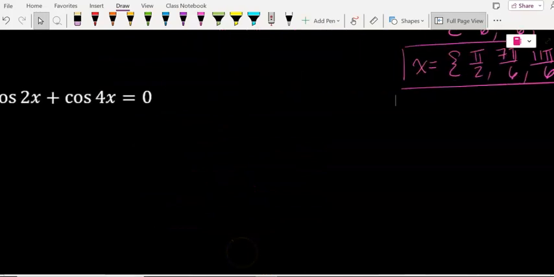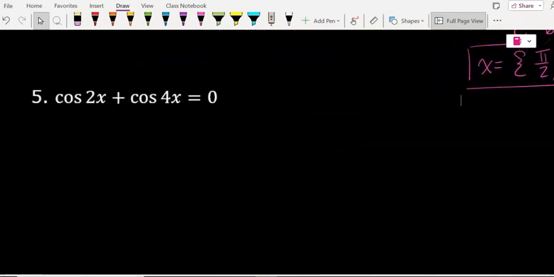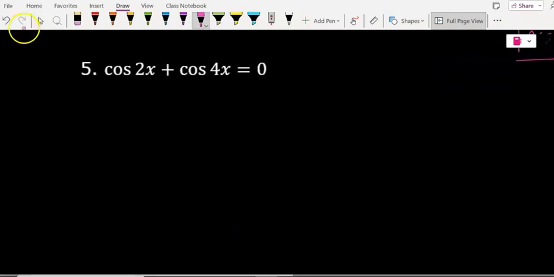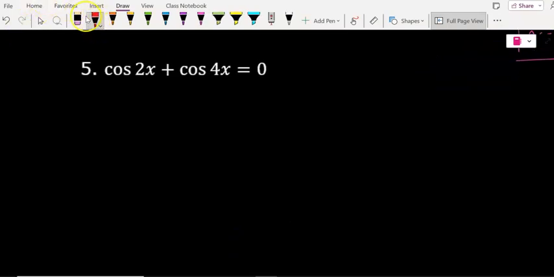All right, so my next one right here: I've got cosine 2x plus cosine 4x equals 0. There's no way for me to say that this is not going to be partially god-awful, but hey, we're just going to do what we can with what we've got. So here, if I've got cosine 2x, I'm going to try and make this cosine 4x kind of look like that.